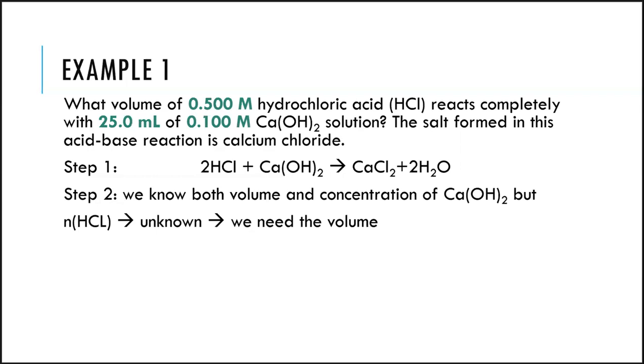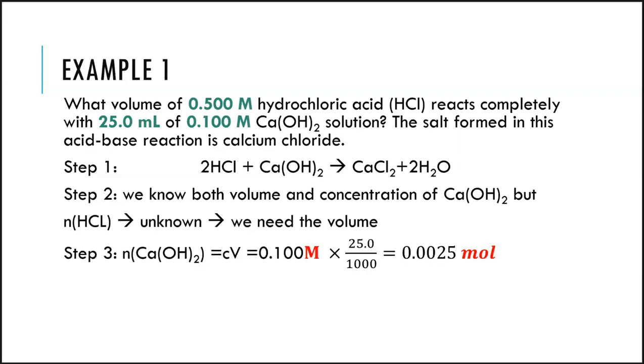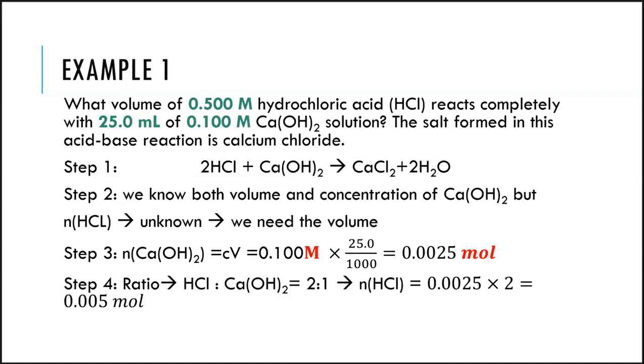So that's the unknown. We have the concentration in this case, and what we need is the volume. So we find the amount in mole of Ca(OH)2. Use the ratio of the balanced chemical equation, 2:1, to find out the amount in mole of HCl.